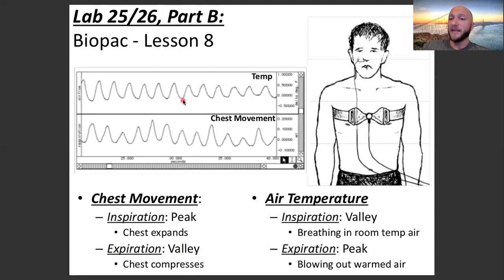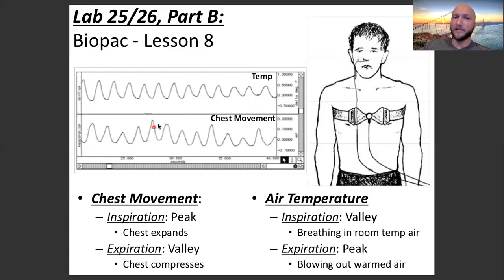As we exhale, we're sending air that's been in our lungs, that's been warmed up by our body temperature. So we're sending warm air out through our nose past the thermometer. It goes up. So the peaks with chest movement are when you inhale. The peaks on temperature are when you exhale.